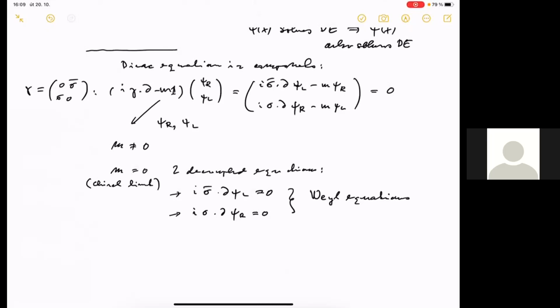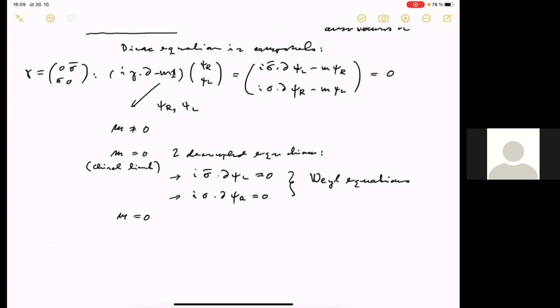So for particles with m equals to 0, we can describe the particles either as left-handed spinors or right-handed spinors, and instead of Dirac equation, we can use the Weyl equation. For instance, the neutrinos are described by left-handed spinors, and the corresponding Weyl equation.